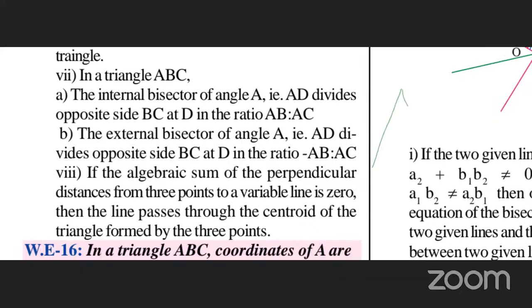If this is my triangle and I draw an internal bisector, it will divide line BC at point D in the ratio AB is to AC. That is called internal bisector division.